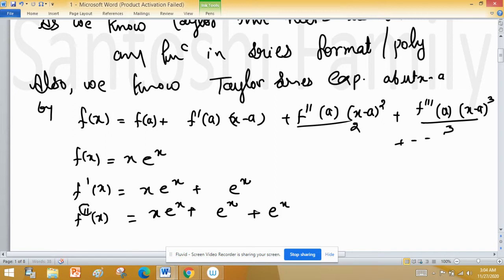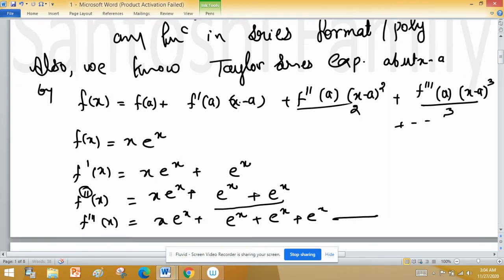As the number of primes increases, e raised to the power x comes that many times. f triple prime equal to x e raised to the power x plus e raised to the power x, e raised to the power x, e raised to the power x.